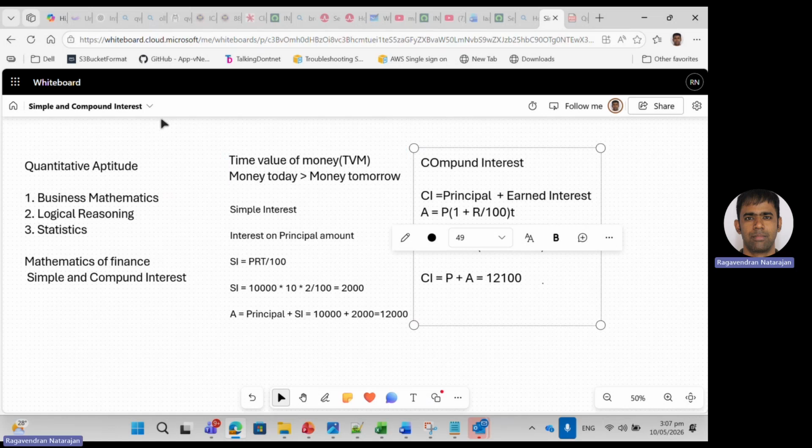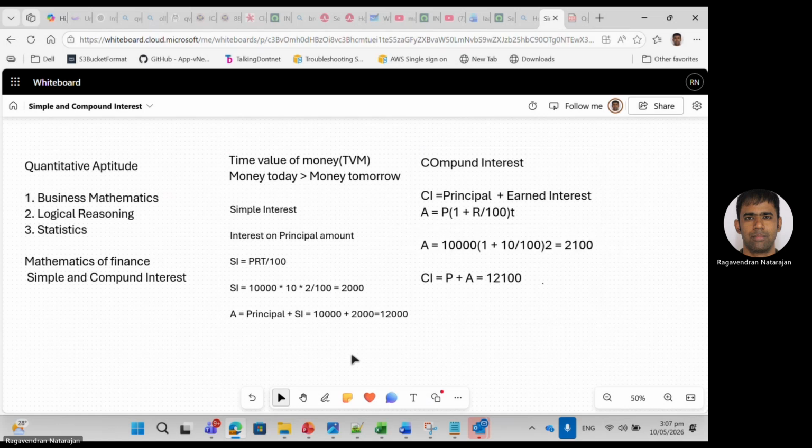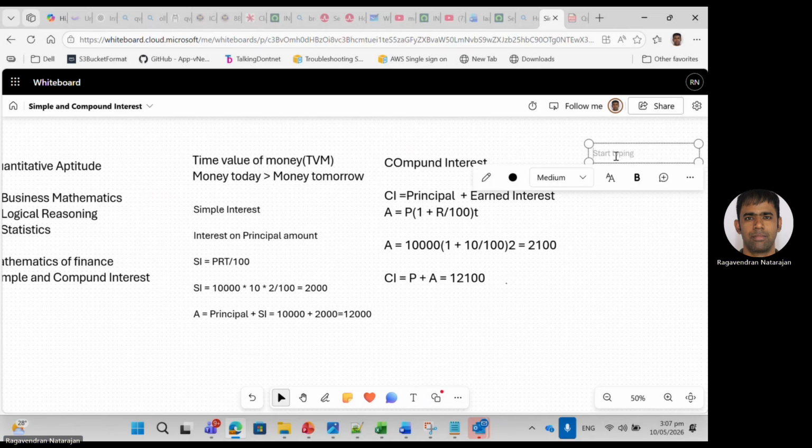Now let's compare what we learned with a table.